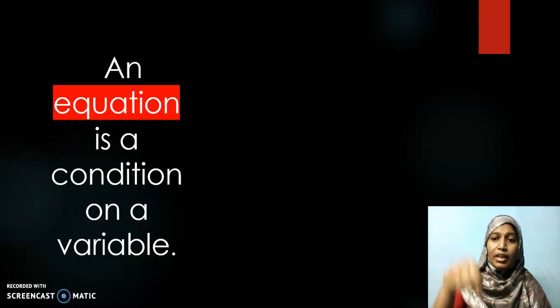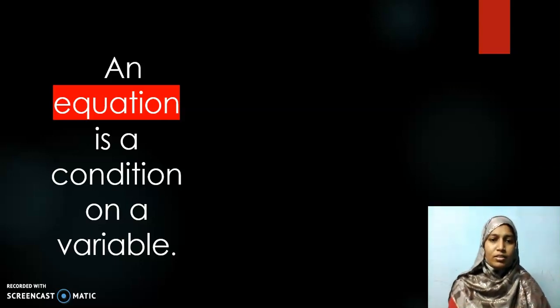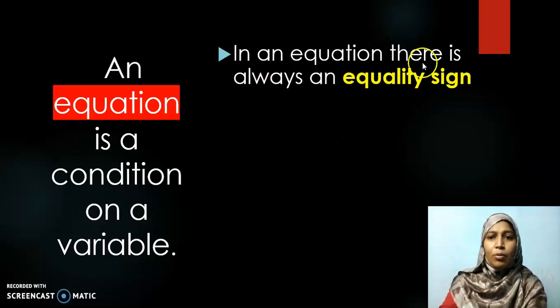Now I have implied a condition on it, that your father's weight is twice your weight. So I have implied a condition on your weight, that variable, that way. Is it clear? That's why we state an equation is a condition on a variable. In an equation, there is always an equality sign. Your father's weight is equal to twice your weight.